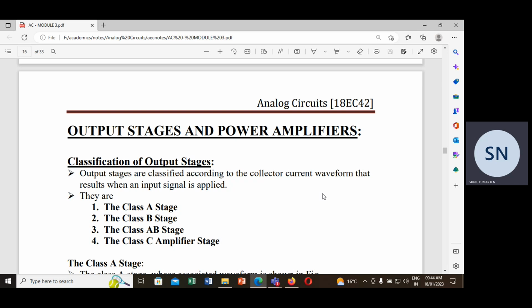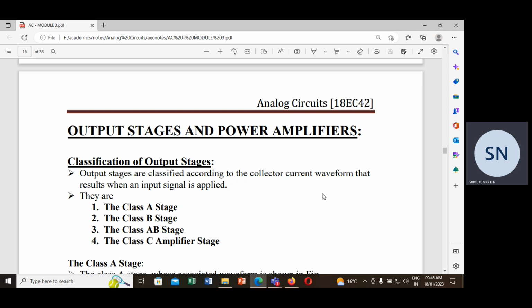The same way, if I don't connect anything, and give the complete output signal back, then we will be getting V0 equal to VE. This is the voltage follower.